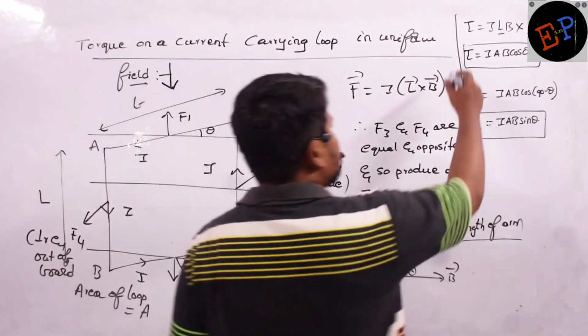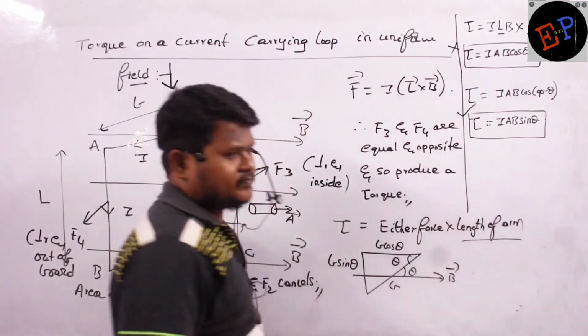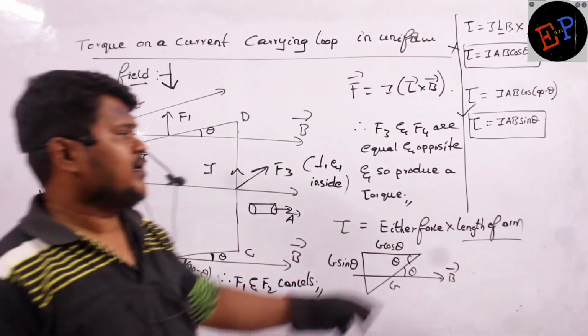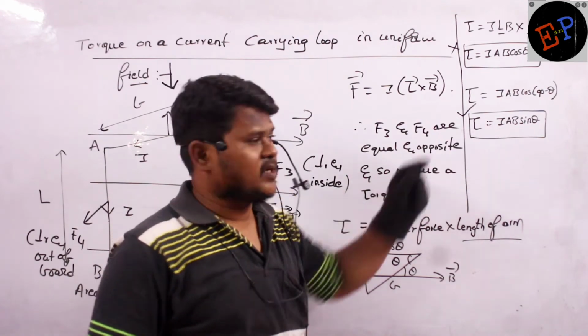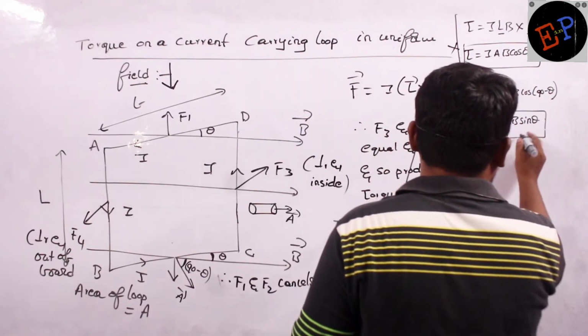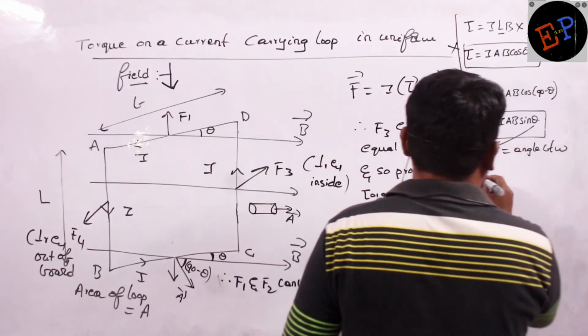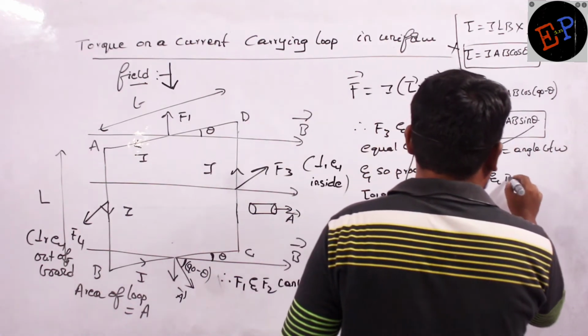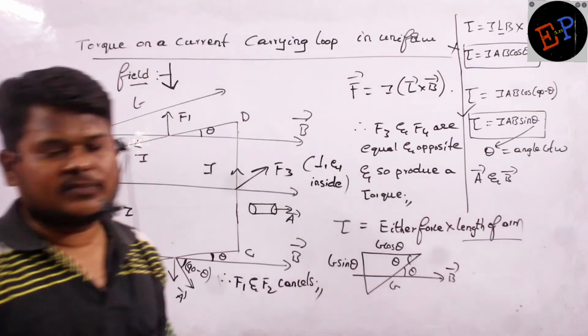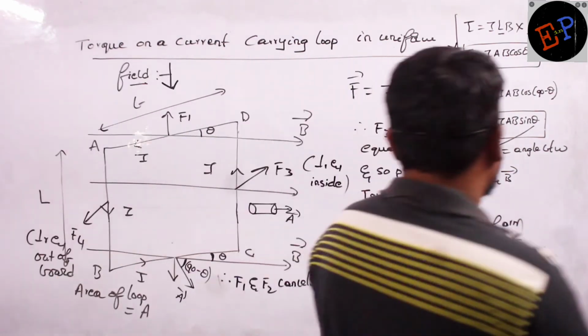Generally we don't use this formula, generally we use this formula, with the angle between A dash and B dash. What is theta here? When we use this formula, theta is nothing but the angle between the area vector and magnetic field. Understood? Okay, now see.